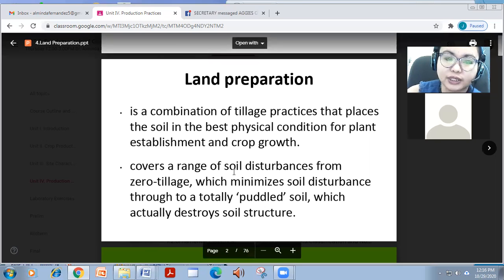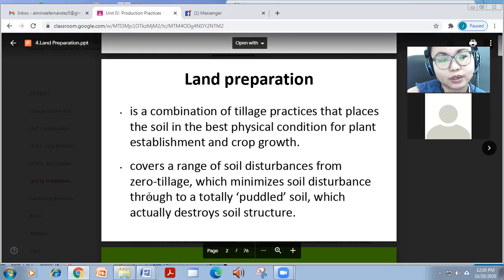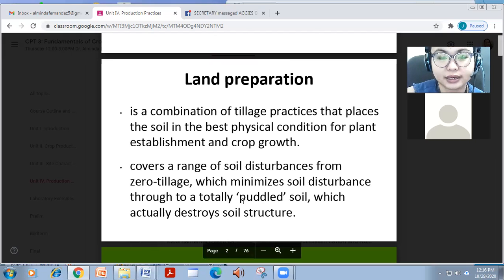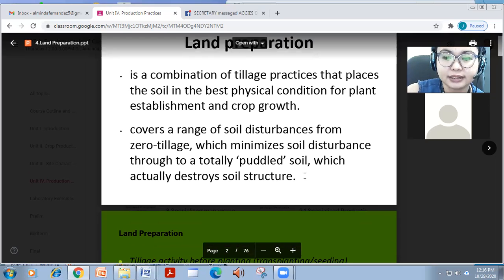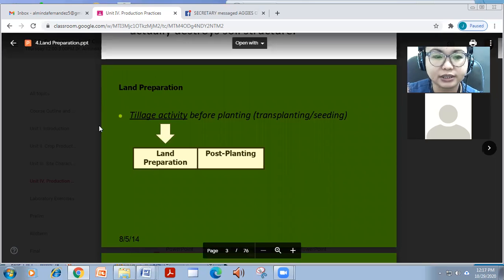So you are disturbing the whole, and also the ecological living things there. Zero tillage is actually zero, so it has no tillage practice. As we go on, we will know the different tillage operations.